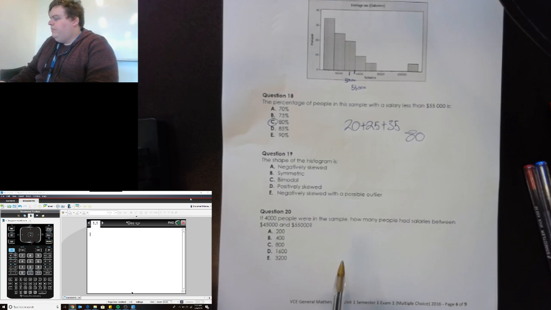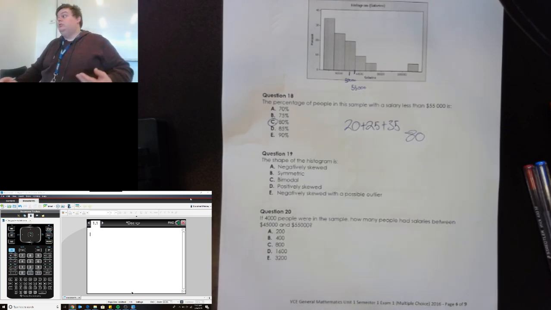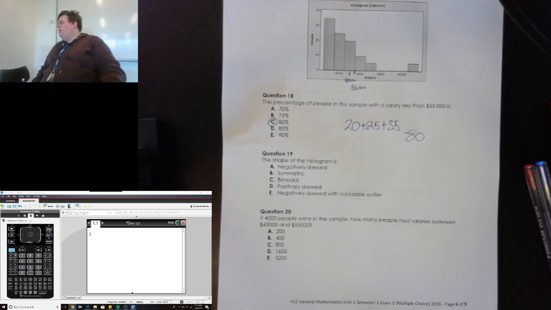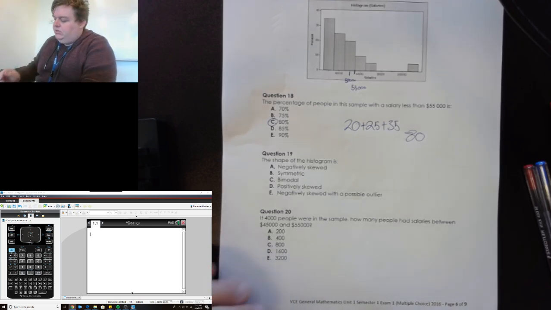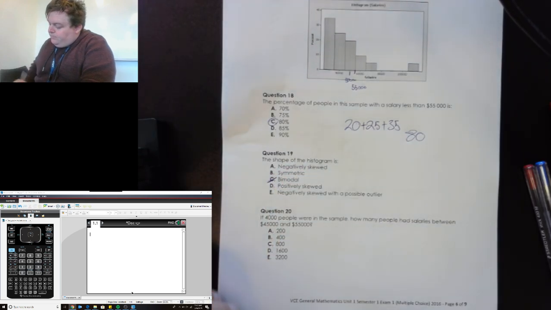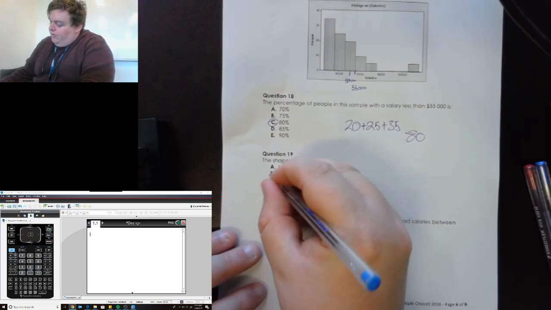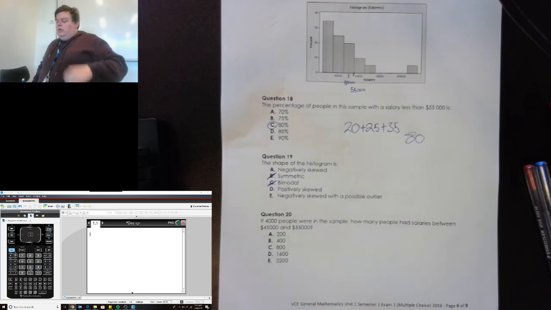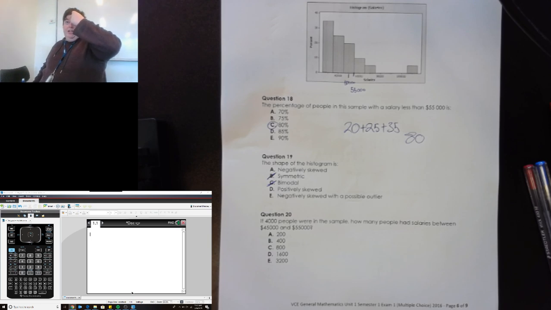And if you think back to what mode means, it means the most common or most frequent value. So it's not bimodal unless it has two pinnacles of the same height, or two columns at the top at the same height. So it's not bimodal. I wouldn't call that symmetrical. So it's either positively skewed, negatively skewed, or negatively skewed with a possible outlier.